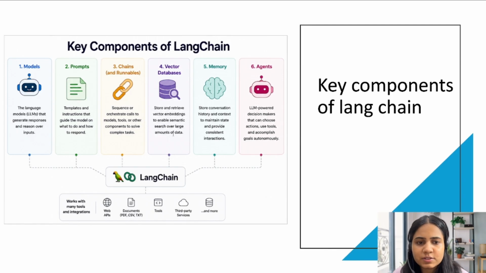If we have 7 steps, we'll combine all 7 steps into a single chain. A chain represents a sequence of operations where the output of one step is the input of the next one.